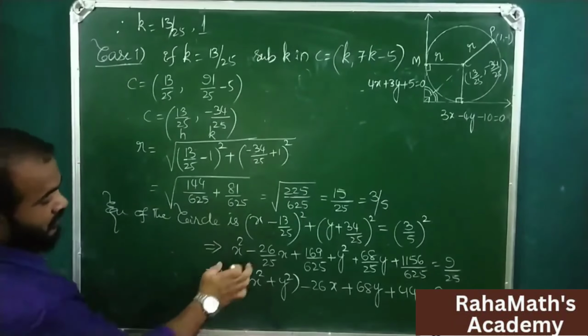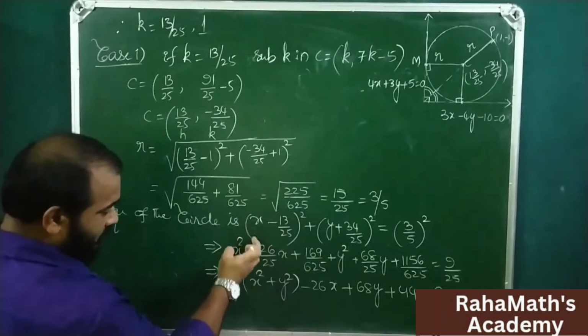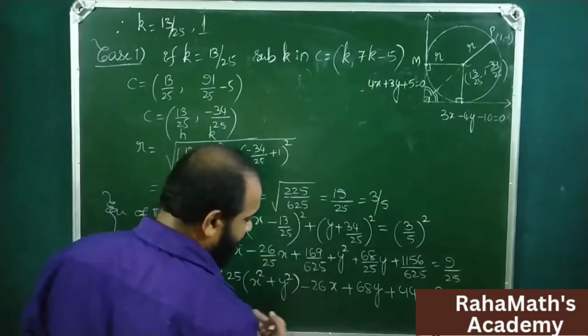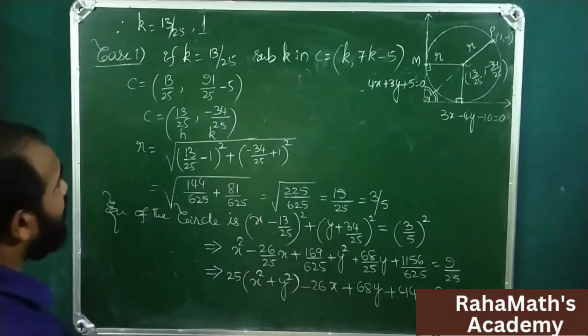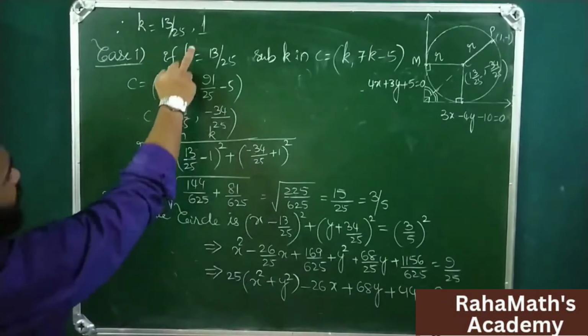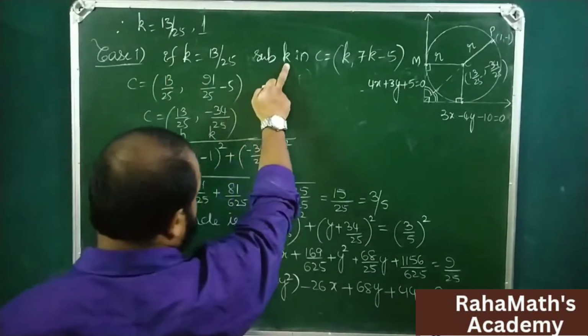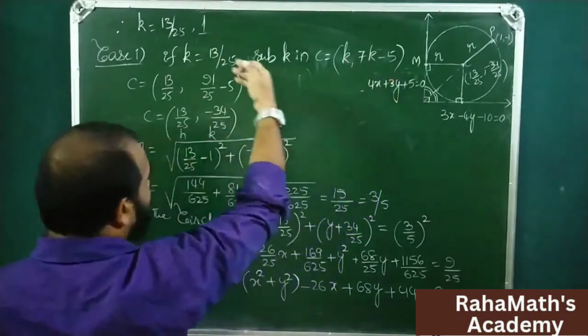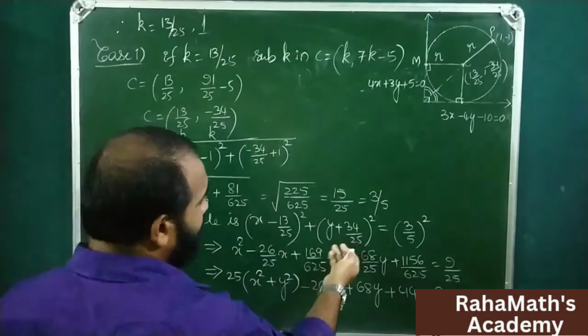That implies x square, so 13 by 25 whole square. So this is what we got. Now the second case is if k equals 1, substitute that in again, then another condition we are getting.